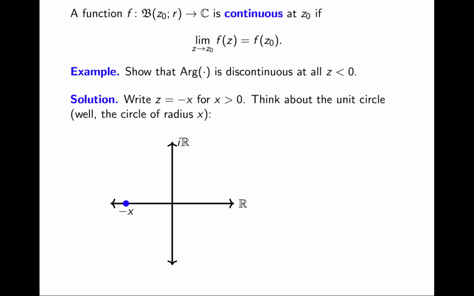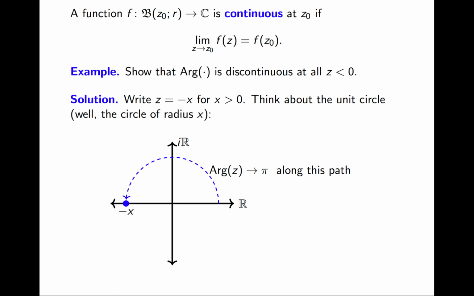And I'm going to approach this point in two different ways. Let's say I approach this point along this dashed blue path in the upper half plane. So if I start out on the positive real axis over on the right, and I go over to this point minus x, what's happening to the principal argument along this dashed blue line?